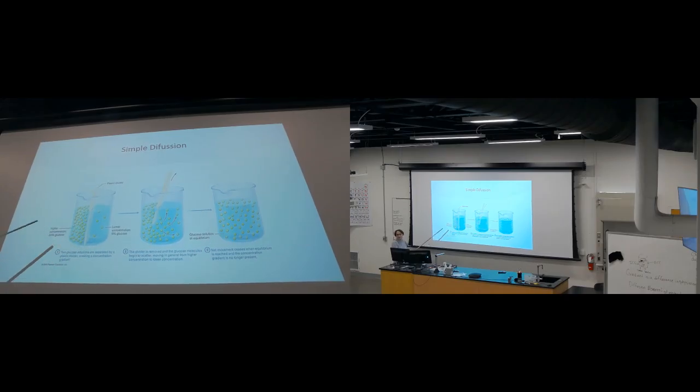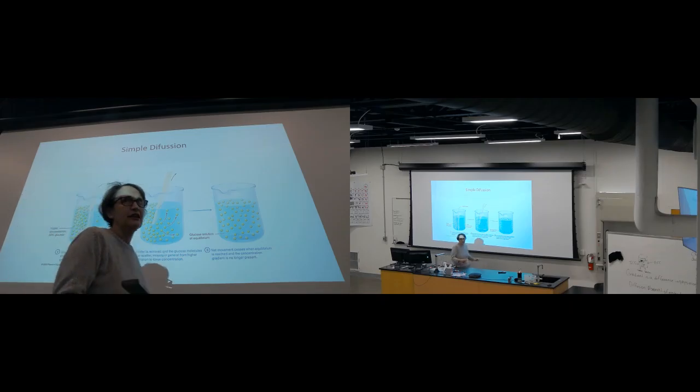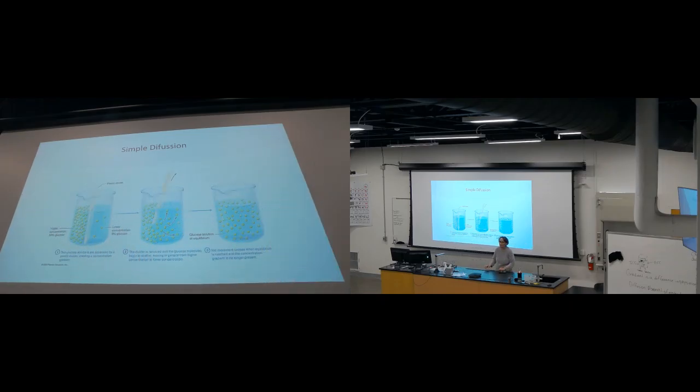What is the gradient? What is the difference between 50 and 5? I heard it louder. 45. So it will move from 50 to 5 until everything is going to be what? 55.